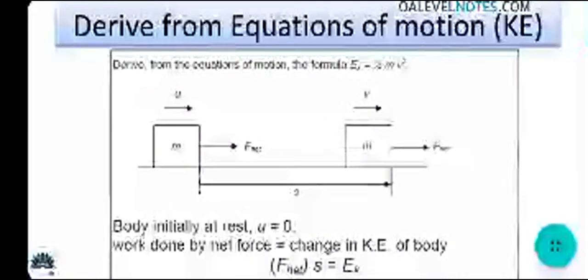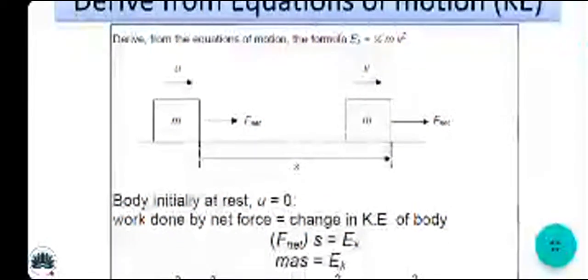Derived from the equations of motion, kinetic energy is equal to ½mv². Now just see the mass with an initial velocity and some net force, which has traveled a distance s.